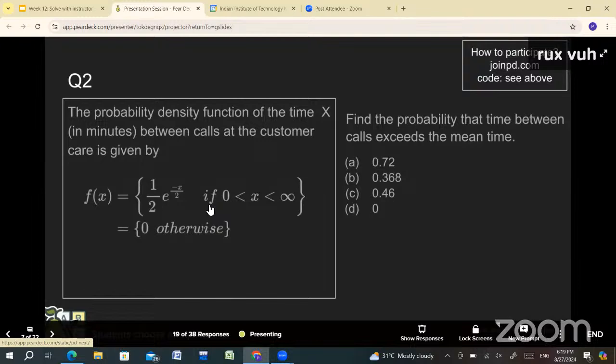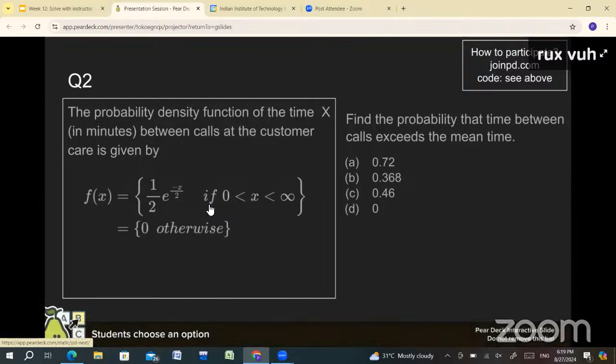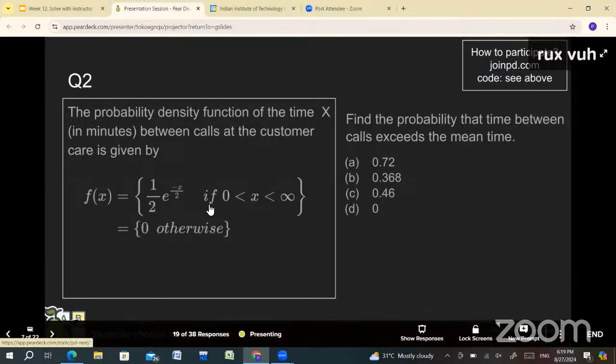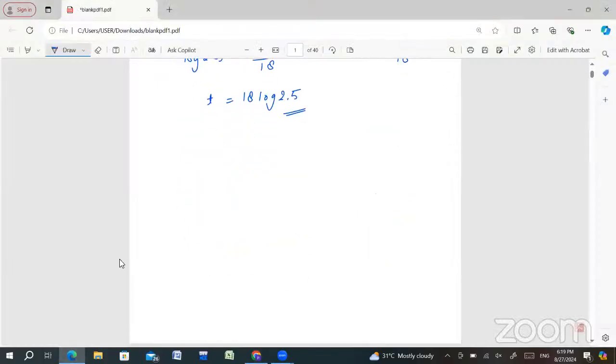You all got this point or no? Yes, ma'am. Now the lambda part, I couldn't understand. How is lambda 1 by 2? Just a minute. What is the density function for the exponential distribution?